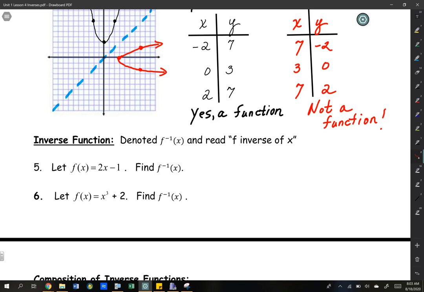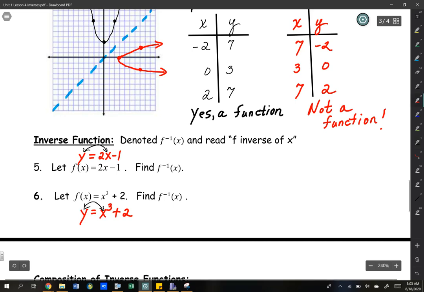Now, sometimes when we have a function, we use f of x, but remember that this can be rewritten as y, and this one can be rewritten as y. And now we know all we have to do is switch or reverse the x and the y.